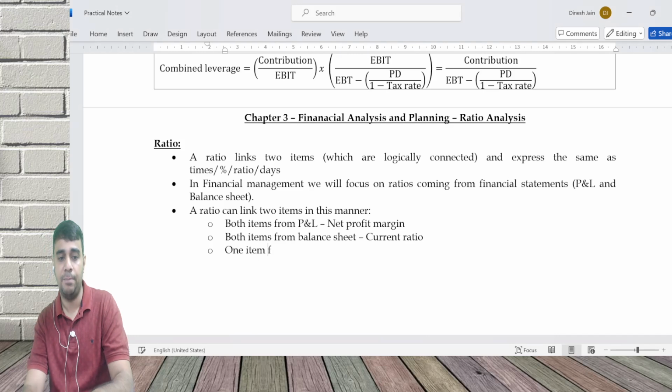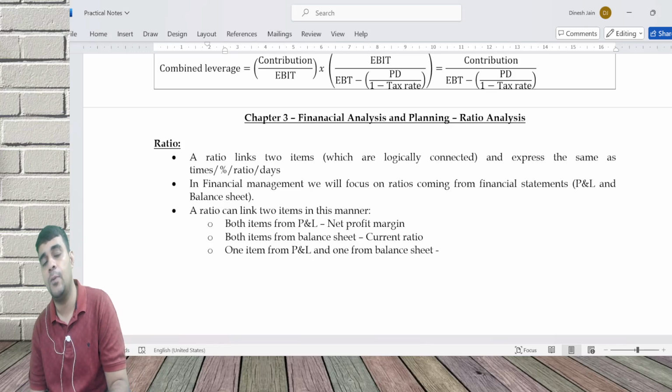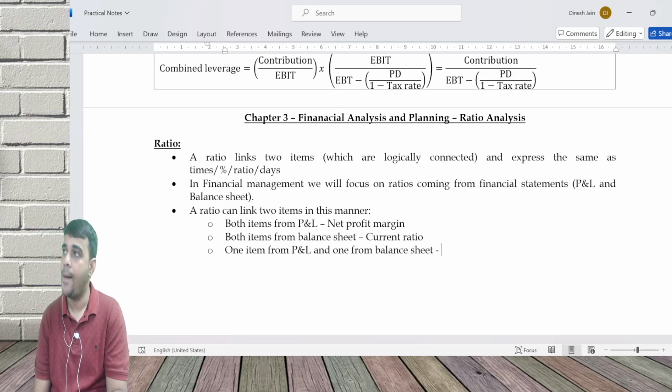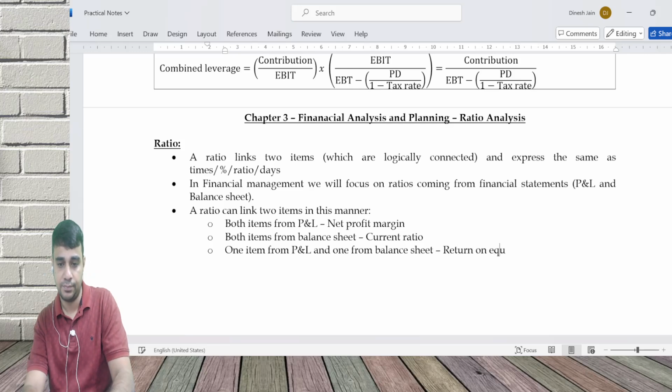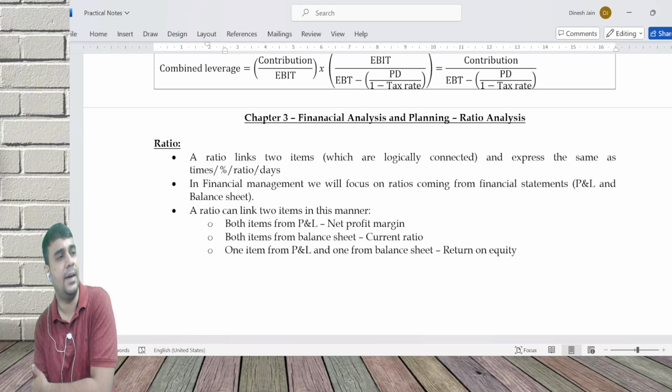One item from P&L and one from balance sheet. An example for this is your return on equity or debtors turnover ratio, whatever way you call it.